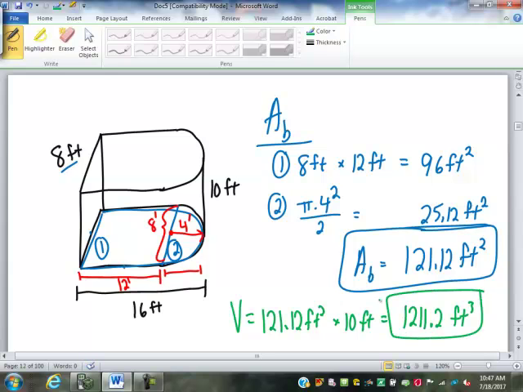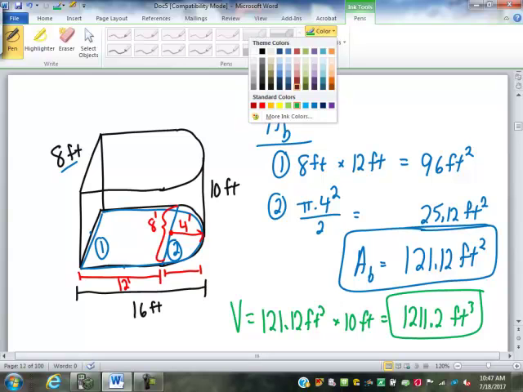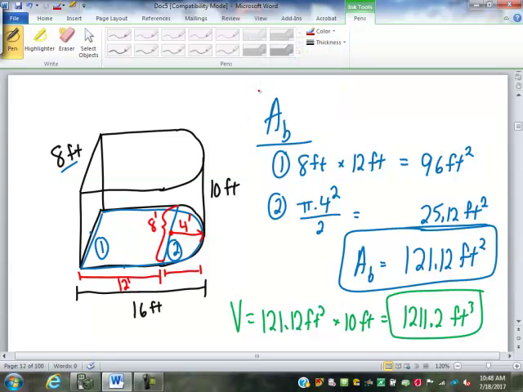cubic feet. I realize I use 10 for the height in almost all of these. That's just because I'm lazy and didn't want to make the calculation really hard for myself in my examples. But the height will not always be 10, just so you know. Any questions so far on volume?